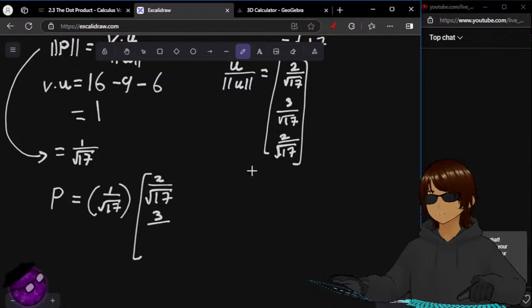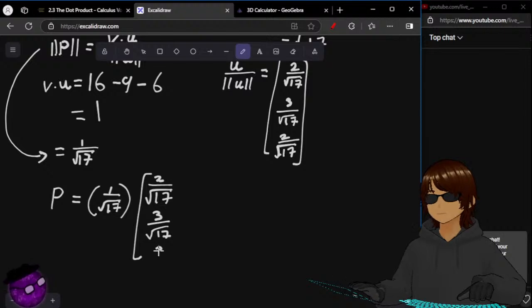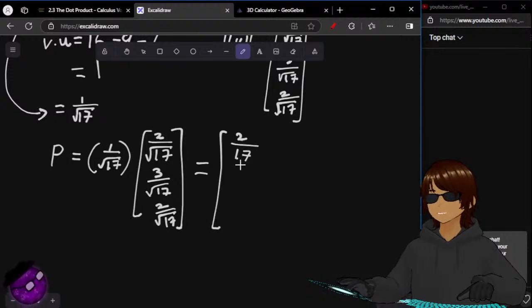So we have 2 over root 17, then we get 2 over 17, 3 over 17, and then 2 over 17 again.